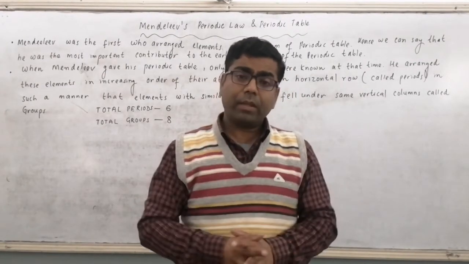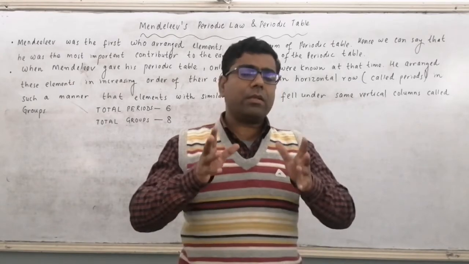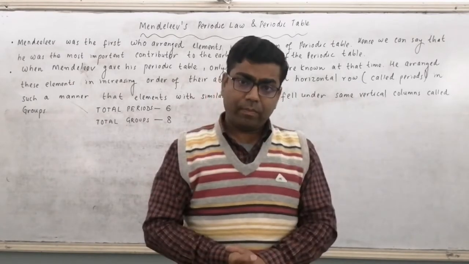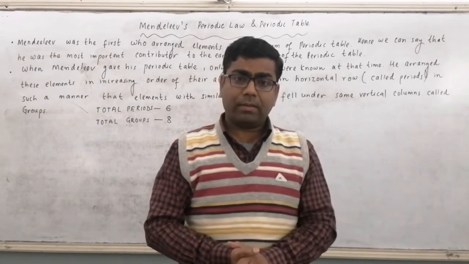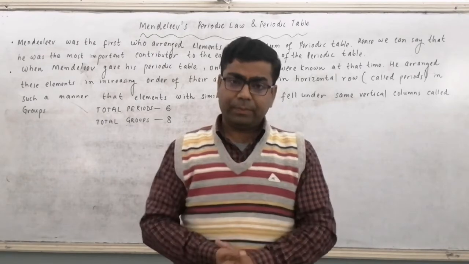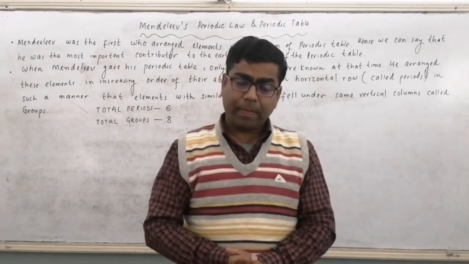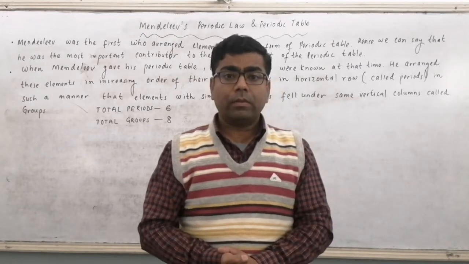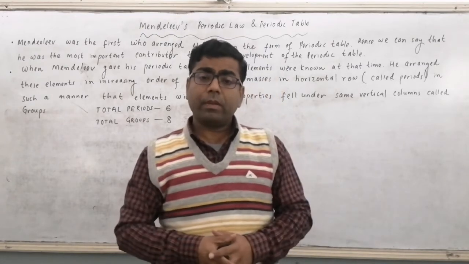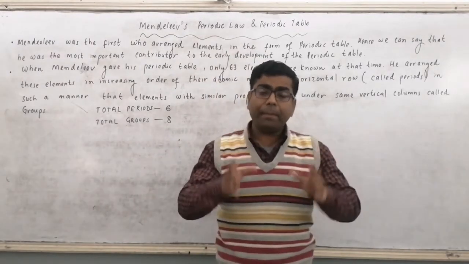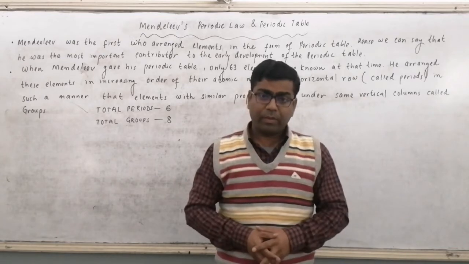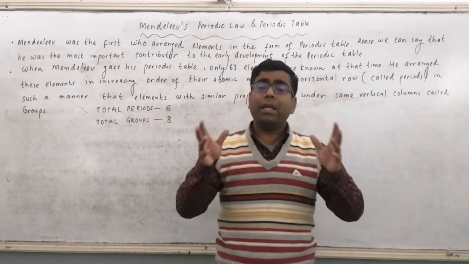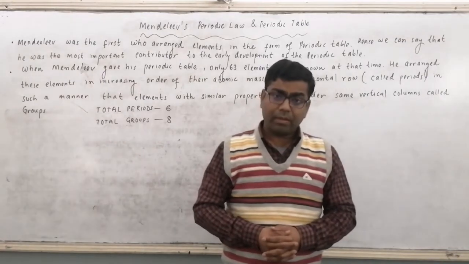Most importantly, for the elements which were not discovered at that time, gaps were kept. So the important limitation: there are many gaps in the periodic table of Mendeleev because most of the elements were not discovered at that time.